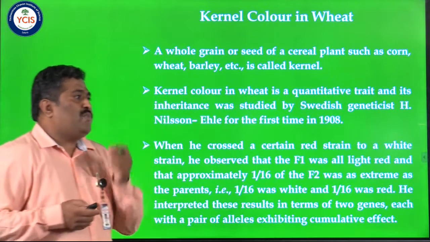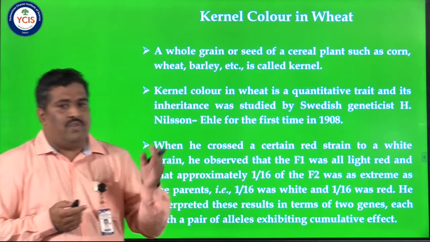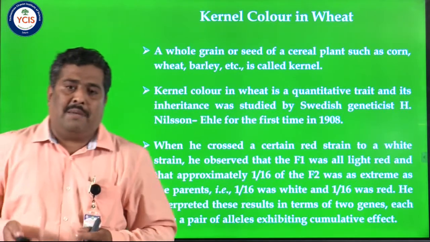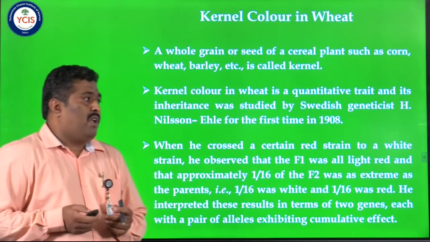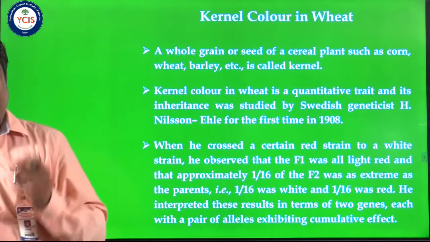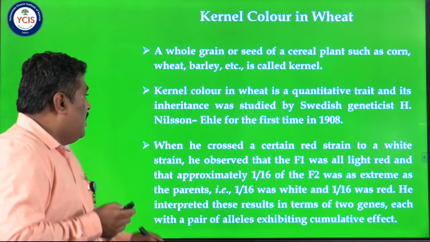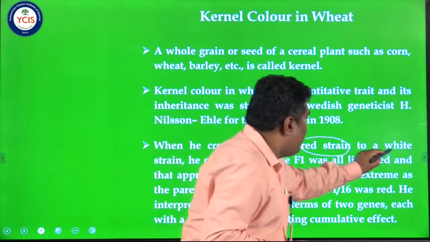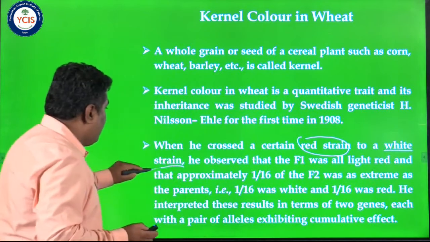It was first studied by a Swedish geneticist, Nilsson-Ehle, in 1908. He crossed two different strains of wheat, a red strain with a white strain.